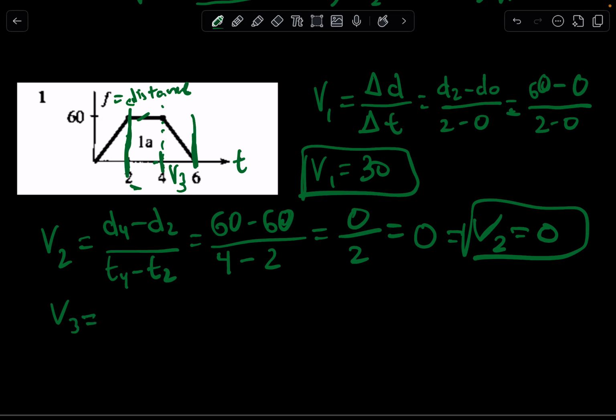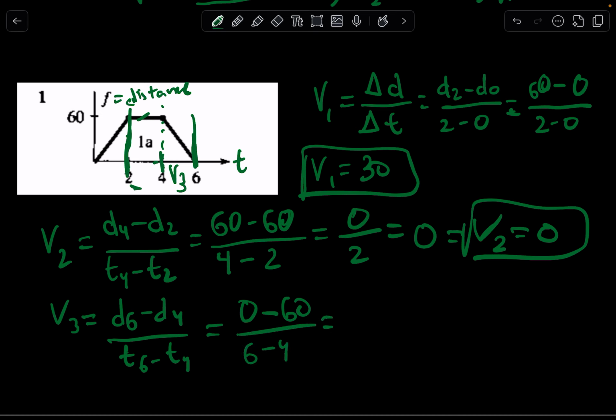V3 equals distance at time 6 minus distance at time 4, over time 6 minus time 4, equals 0 minus 60 over 6 minus 4, which is minus 60 over 2.